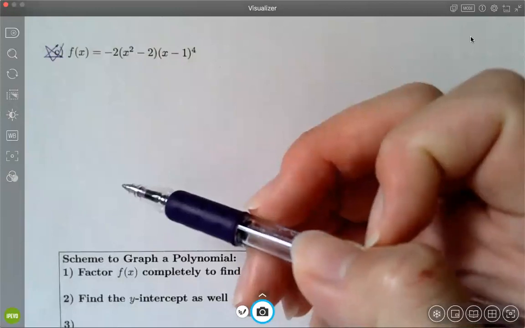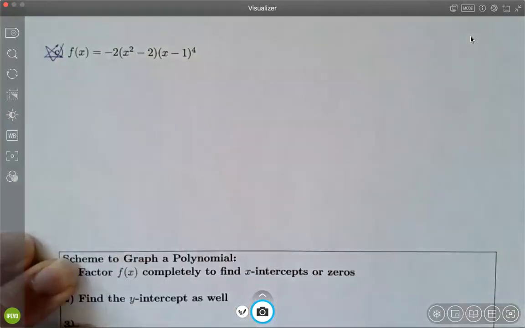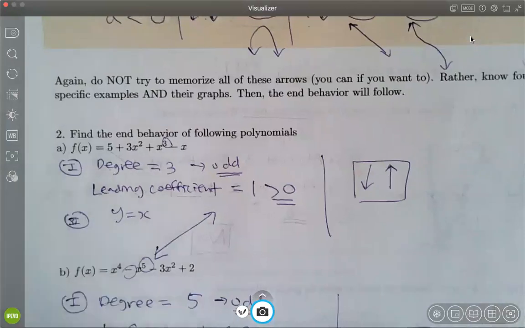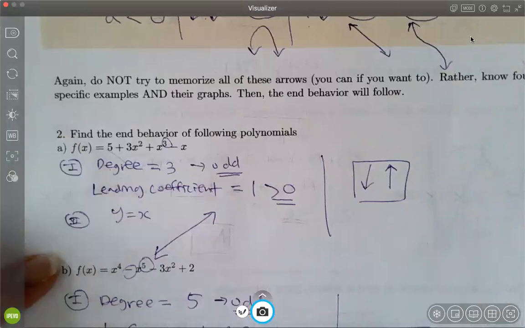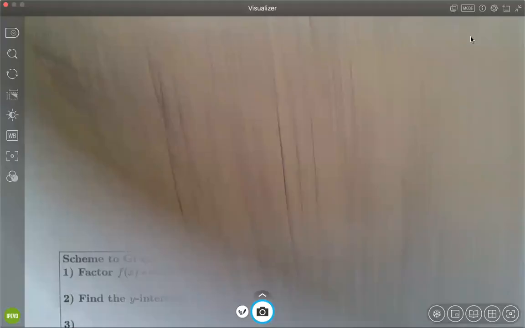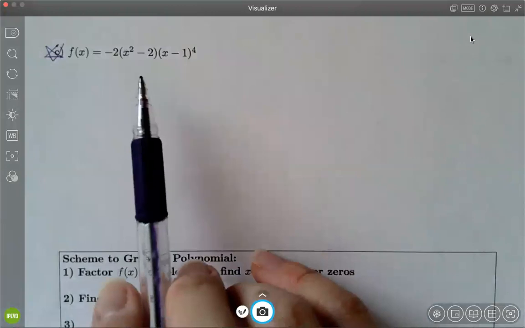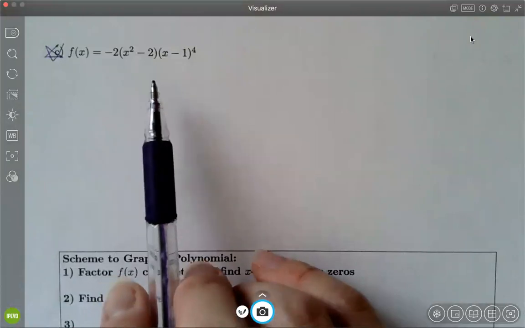What is the difference between this and the previous two problems? Those were completely FOILed versions, whereas this one is not FOILed. So what do we do then? Do we FOIL? Well, you don't have to.